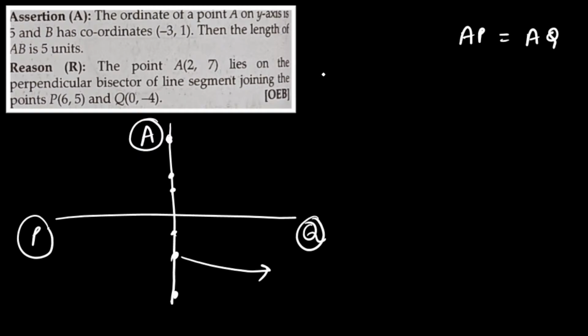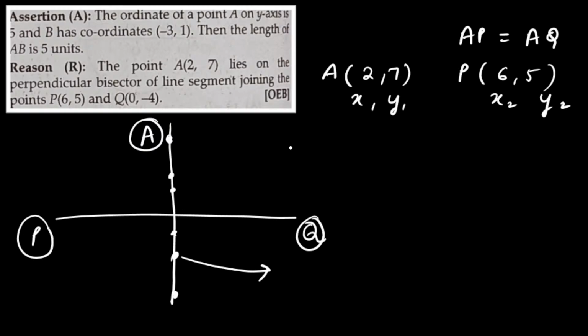When we are finding AP, we have to use the coordinates of A and P. So A is (2, 7) and P is (6, 5). A is coordinates x1, y1, P is coordinates x2, y2. So the distance between points A and P is the length of line segment AP.